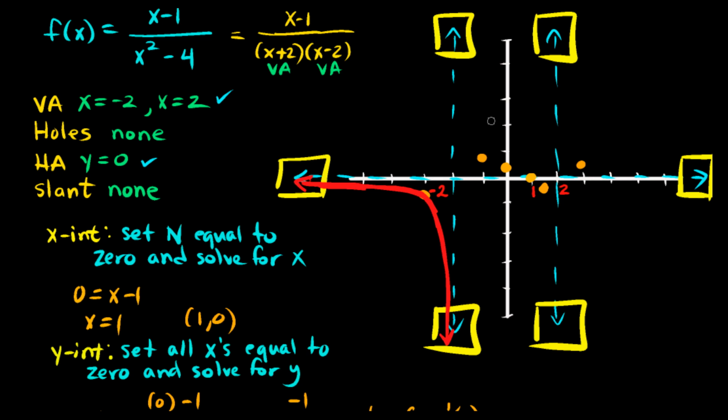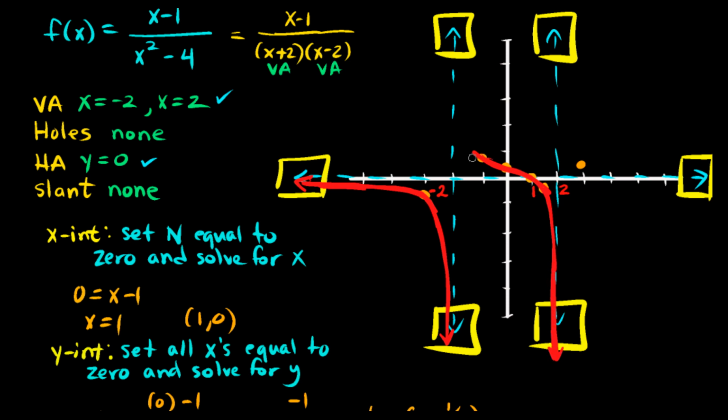Now over here, the extremes up here are going to pull the graph. Now this down here is going to pull it down, and it's going to get infinitely close to it, but it will never hit it.